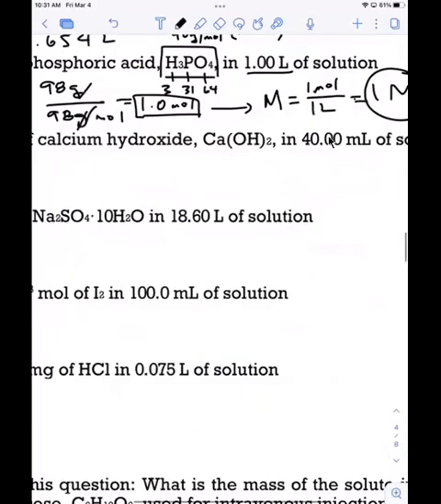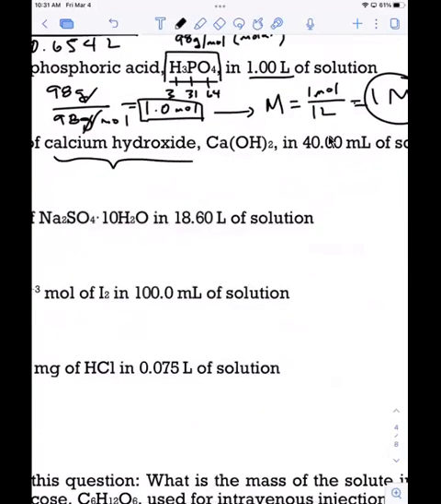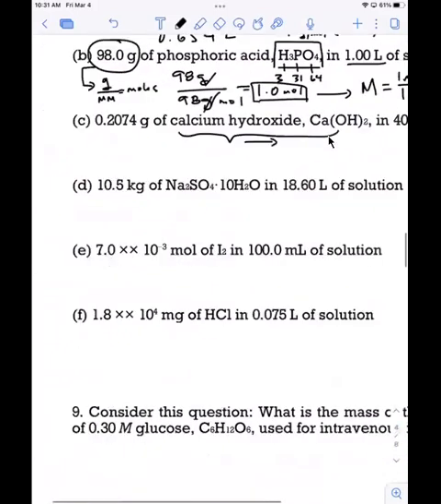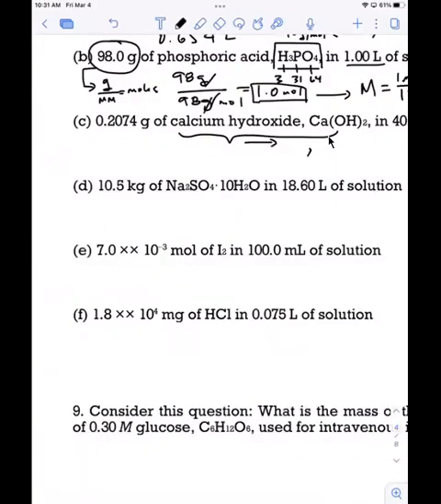Somebody Google the molecular weight for calcium hydroxide, because we got another problem where we have grams and have to convert into moles. Anytime you have that for a molarity problem, you have to convert it to moles using the molar mass.